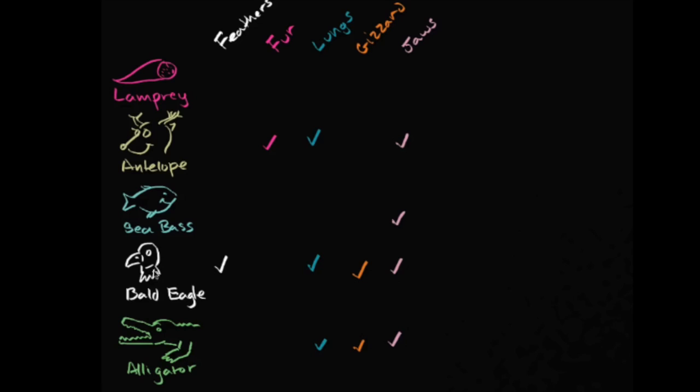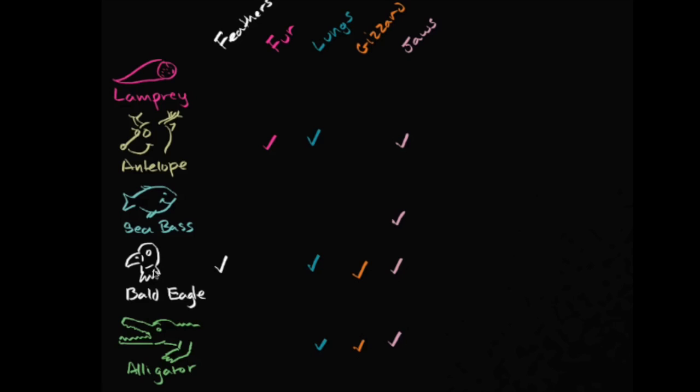So let's take a look, and we can see that lamprey does not share any of these 5 traits with the other 4 species. So intuitively, we think that lamprey is the most distant species from the other 4. And is that really 100% correct?